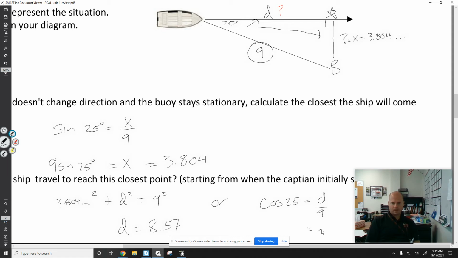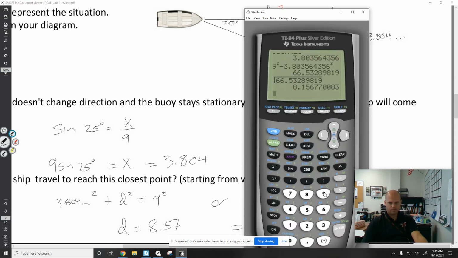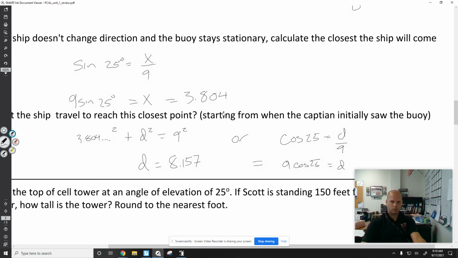Multiply both sides by 9, and here's your other way to find d, which will be 8.157. 9 cosine 25, 8.1577. See, you get the same answer two different ways. It's up to you which way you want to do it.